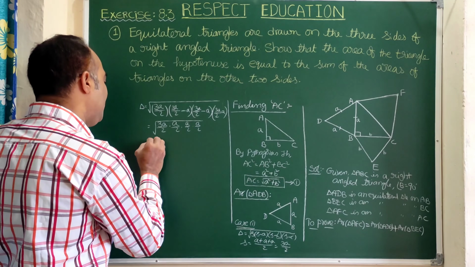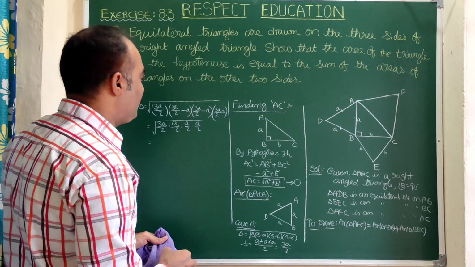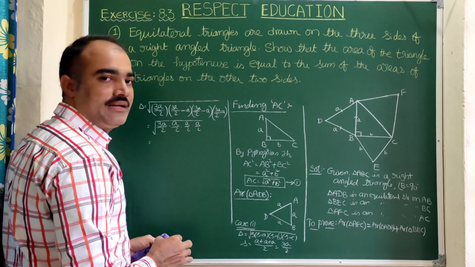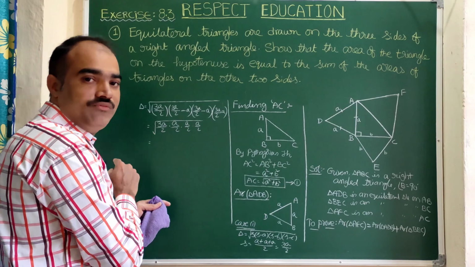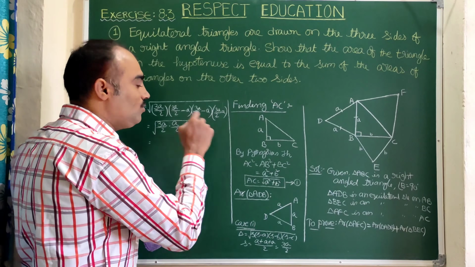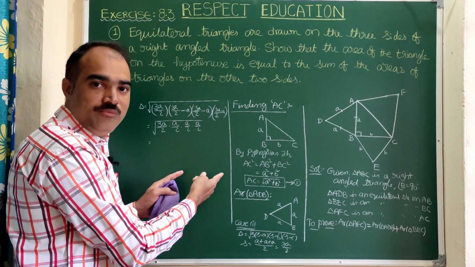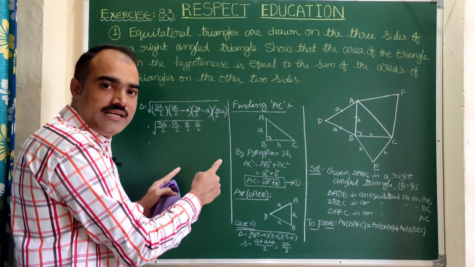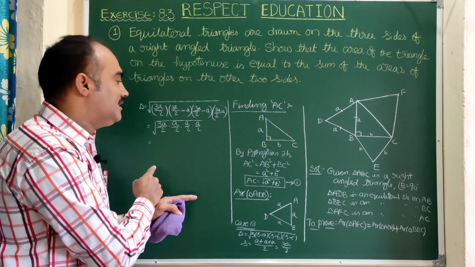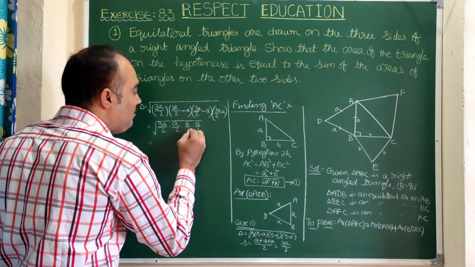Here you observe, in the under root, when two equal values are there, we can take its square root as one value. For example, under root 5 into 5, that is 5 square, the square and root get cancelled, and 5 will come as the answer. Same way here, A by 2 is A by 2 whole square.